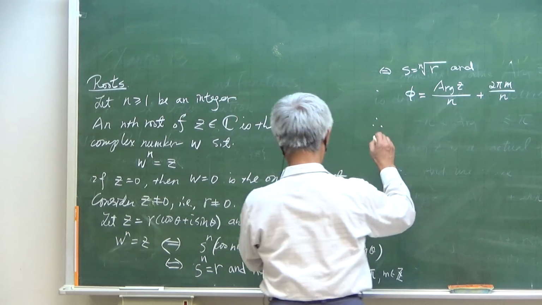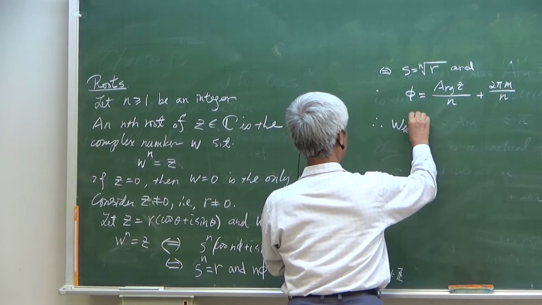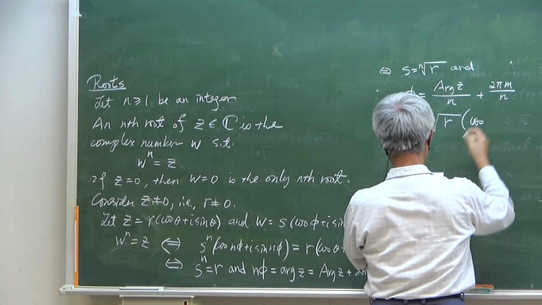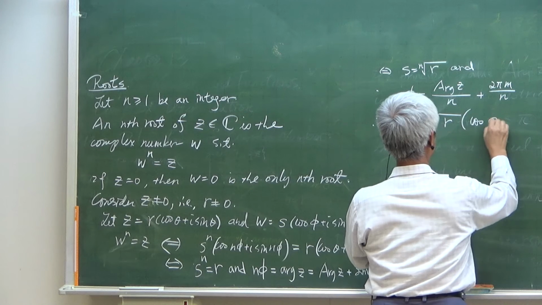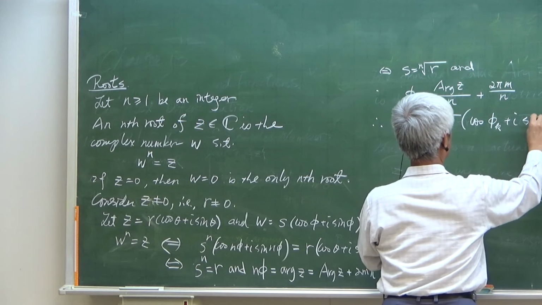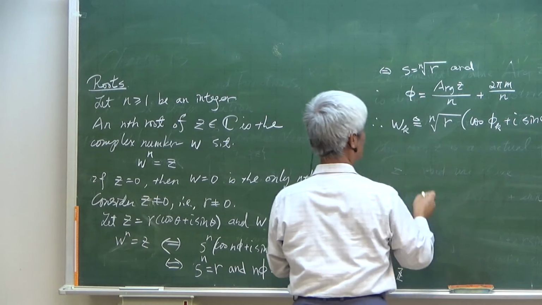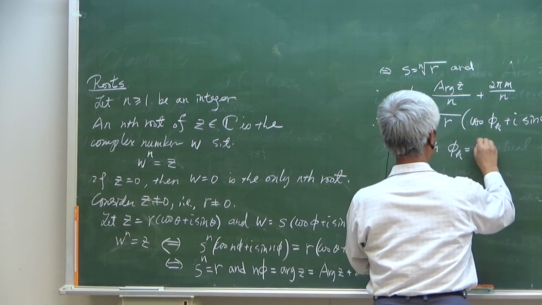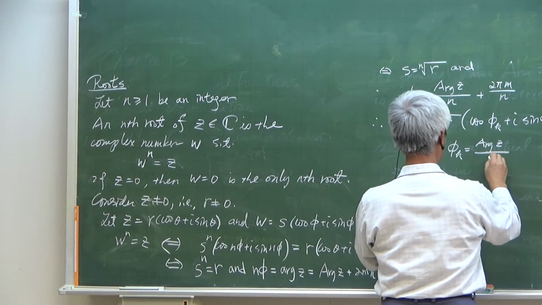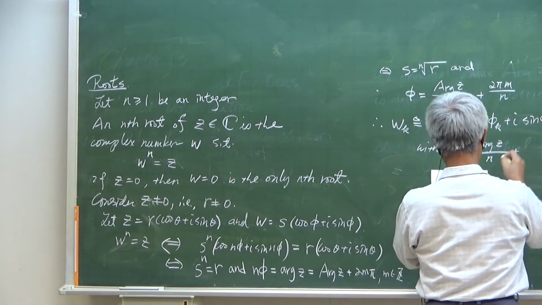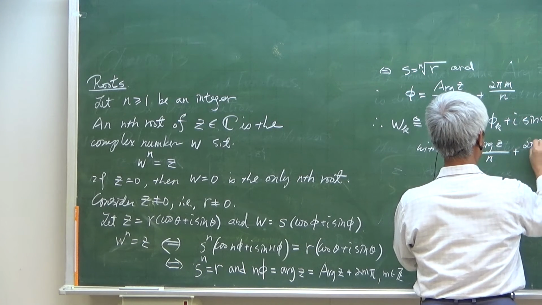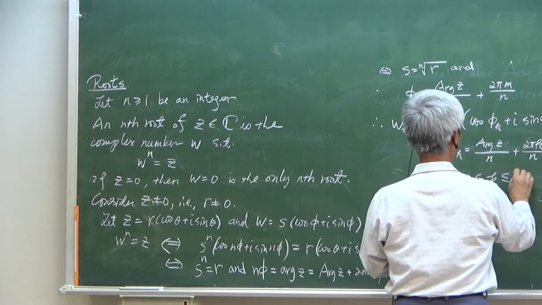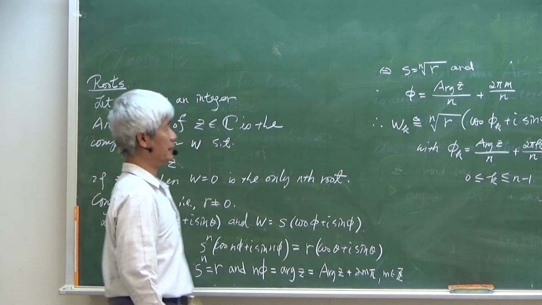Alright, so we define w sub k to be s times cosine phi k plus i sine phi k, with phi k equal to the argument of z divided by n plus 2 pi k over n, for k from 0 to n minus 1.